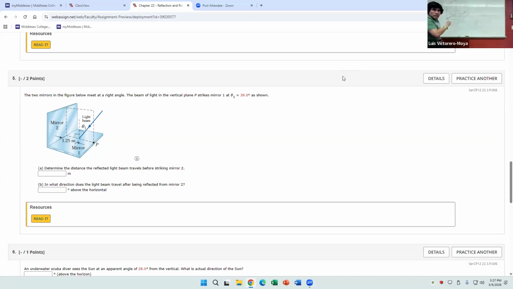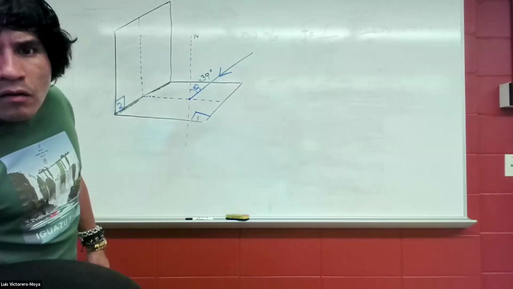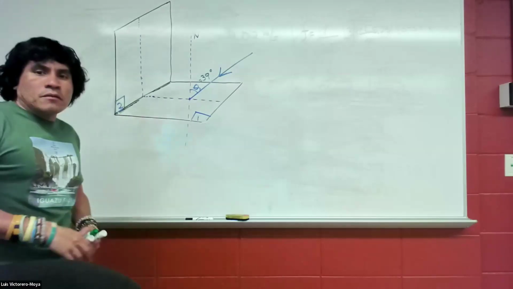Like I show you in the graph, this is theta 1. This is mirror 1, and this is mirror 2. The angle is 39 degrees. There you are, looks good.